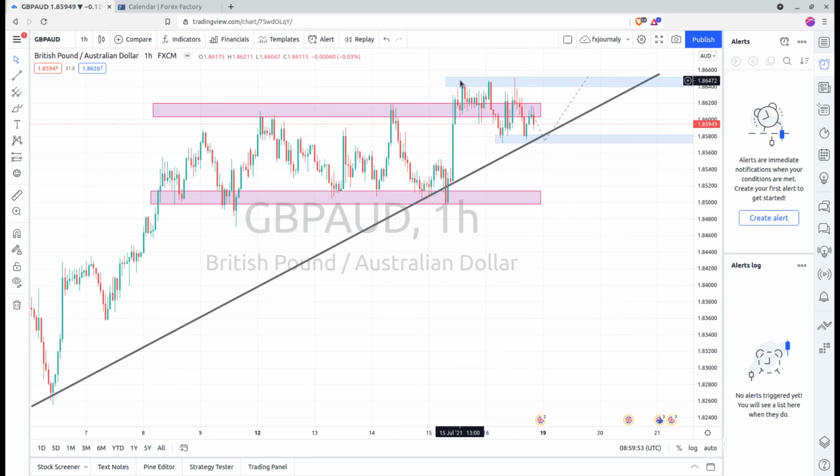And then it promptly went down, and then it came up again to test and make it an official resistance level. You see, because we can't really call something resistance until it's been tested. Just like you can't call something a significant support level unless it's been tested.